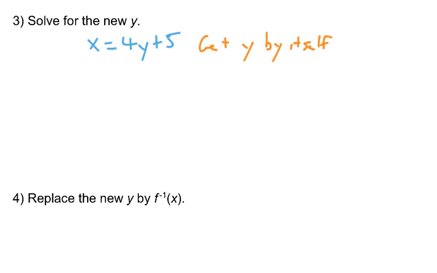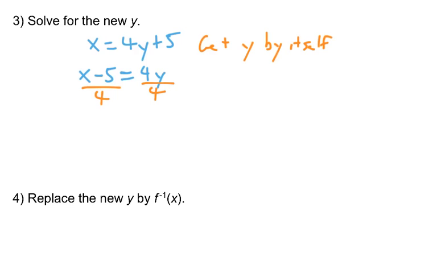And if we think about getting the y by itself, we would first of all subtract the 5, because we can subtract the same thing from both sides of an equation, and the 5 minus 5 on the right would give me a 0, and then divide by 4 on both sides, because again, if you do the same thing on both sides, the equation doesn't change, it's equivalent.